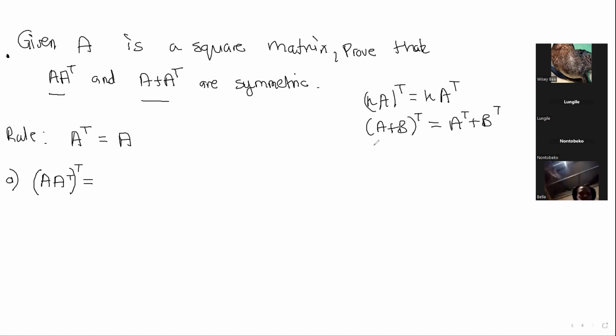Then the other one was (AB)T, and I said it was BT AT. The B comes on the other side, like here it was the second letter, so here it's gonna be the first letter, and then I just remove the brackets.